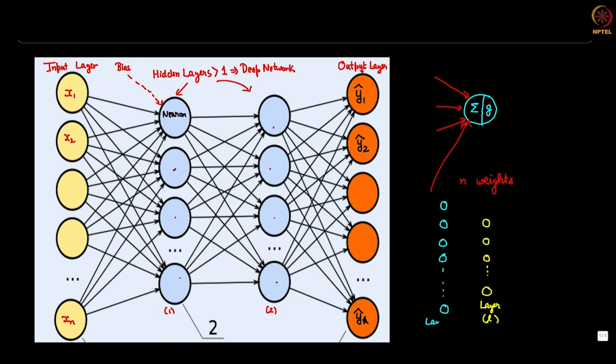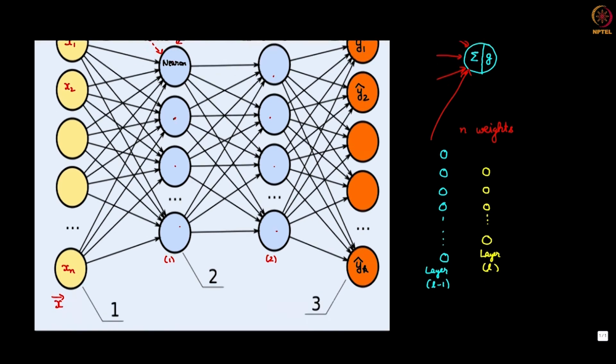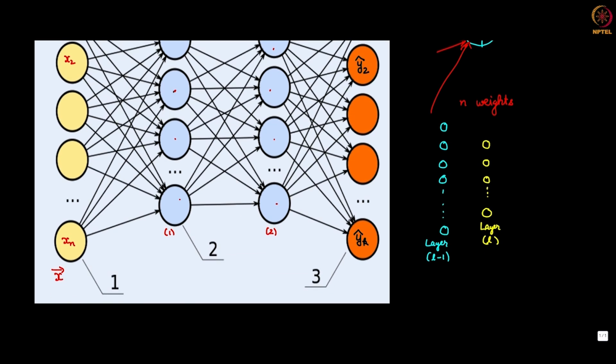This is layer L minus 1. Let's say further that this layer had n neurons and layer L has m neurons.